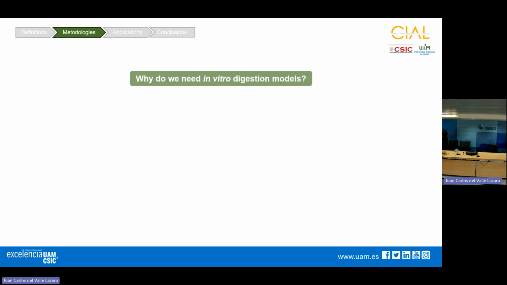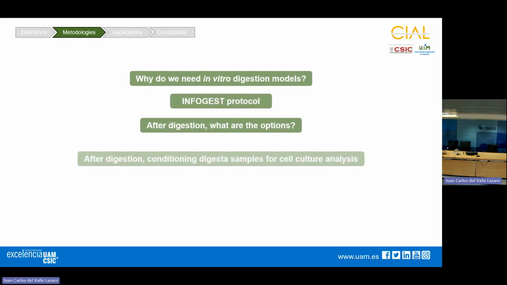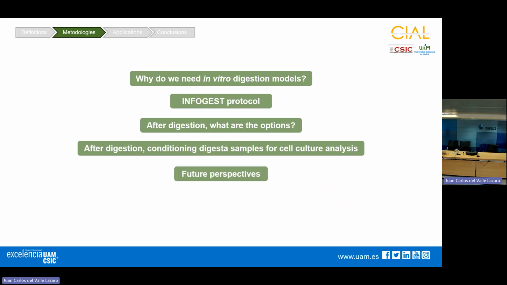So today I'm going to go through a number of items. Why we need in vitro digestion models, the InfoGest protocol, which for most of you is probably unknown, so I will try to be brief on that. How we treat our samples after digestion and which are the options we have when we work with that type of experiments, how we treat our digesta samples before using them in cell culture models.